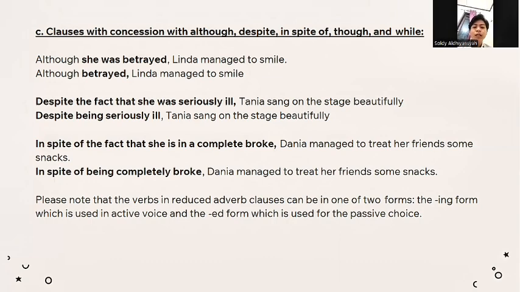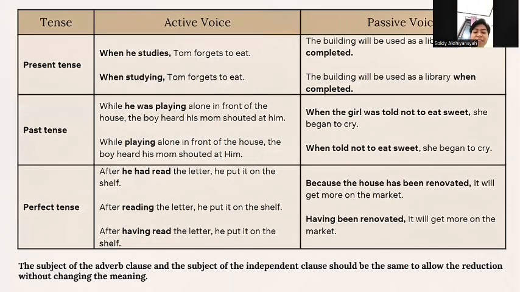Please note that the verbs in reduced adverb clauses can be in -ing form, which is used in the active voice, and the -ed form, which is used for the passive voice. Next, tense, active voice, and passive voice.